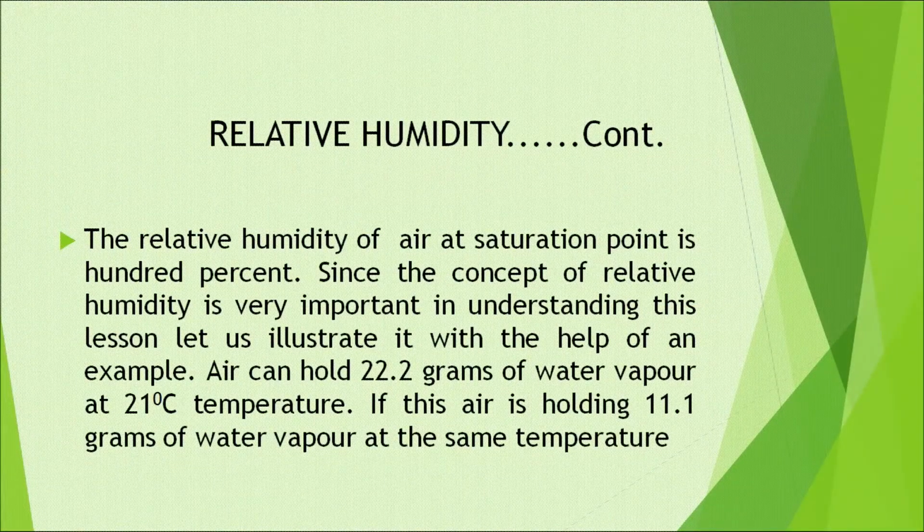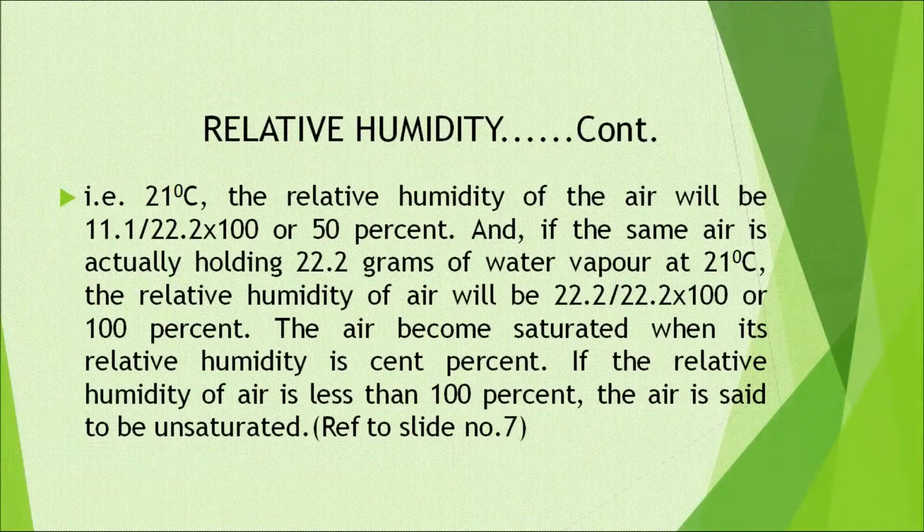Since the concept of relative humidity is very important in understanding this lesson, let us look at the figure. Air can hold 22.2 grams of water vapor at 21 degrees Celsius. If this air is holding 11.1 grams of water vapor at the same temperature, the relative humidity of the air will be 11.1 divided by 22.2 times 100, or 50%.